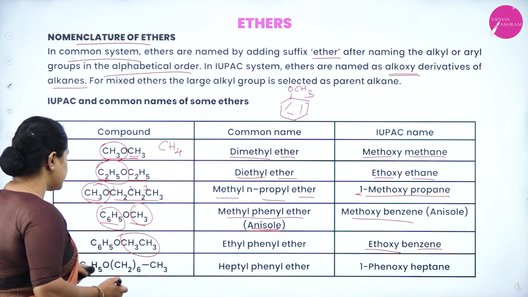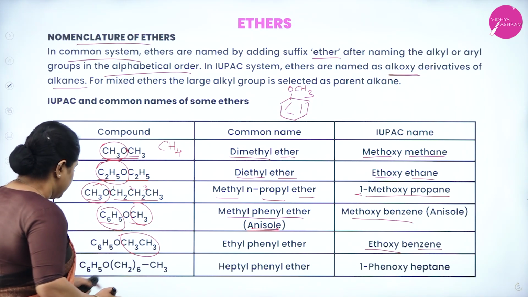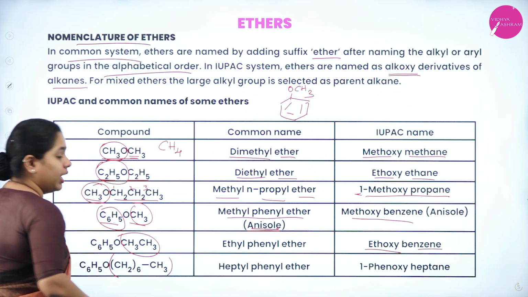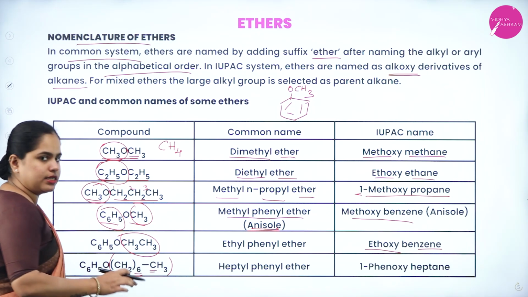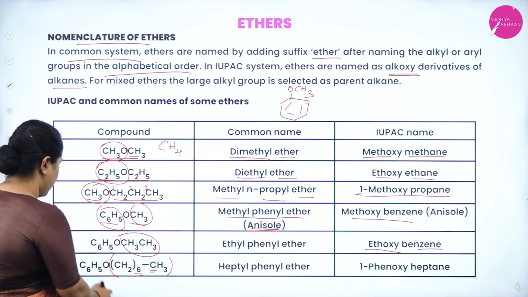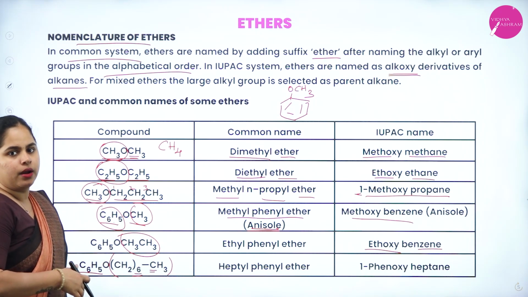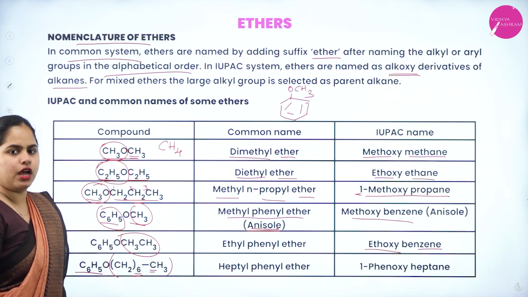Next one is C6H5O(CH2)6CH3. So this part is heptyl. As you can see, you have 6 carbon atoms plus this one, that is 7 carbon atoms on this side, which is one of the alkyl groups, and here you have C6H5, which is your phenyl group. Comparing phenyl and heptyl, heptyl will come first in alphabetical order.